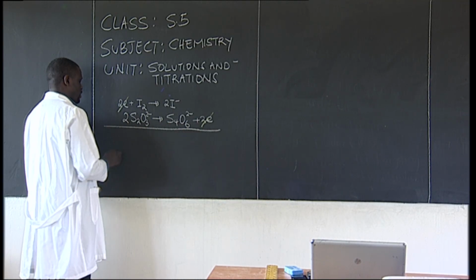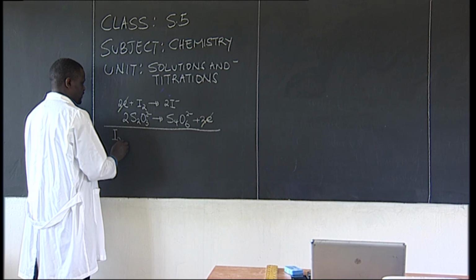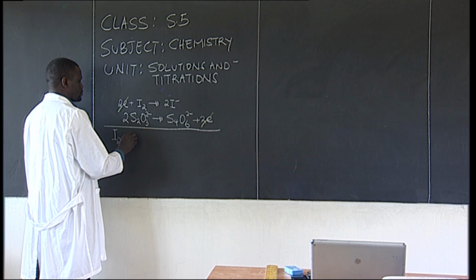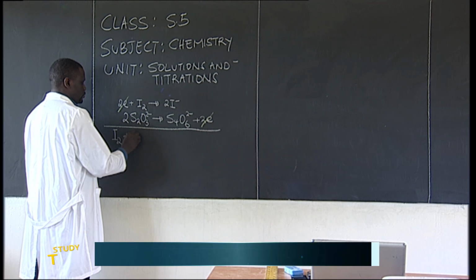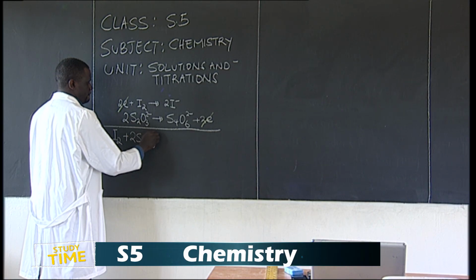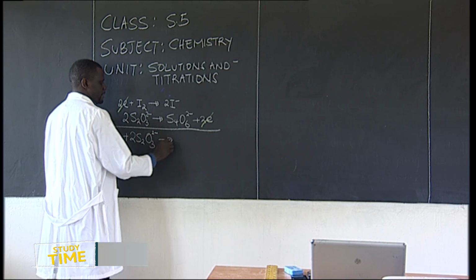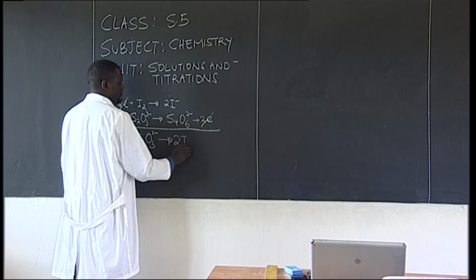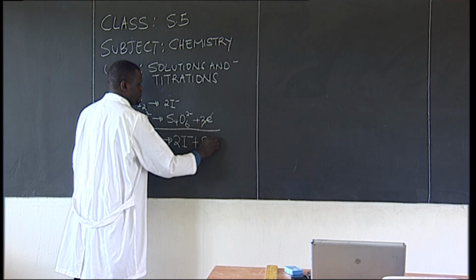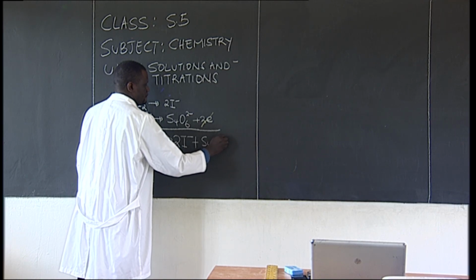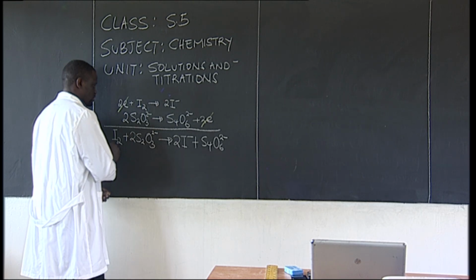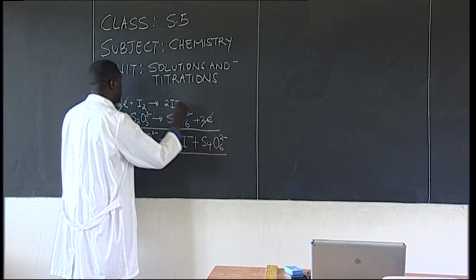So we shall have iodine, hence iodometric titration, plus 2 thiosulfate, giving us 2 iodide plus tetrathionate. So that's what we have. This is our equation. If you look at it, it is redox.